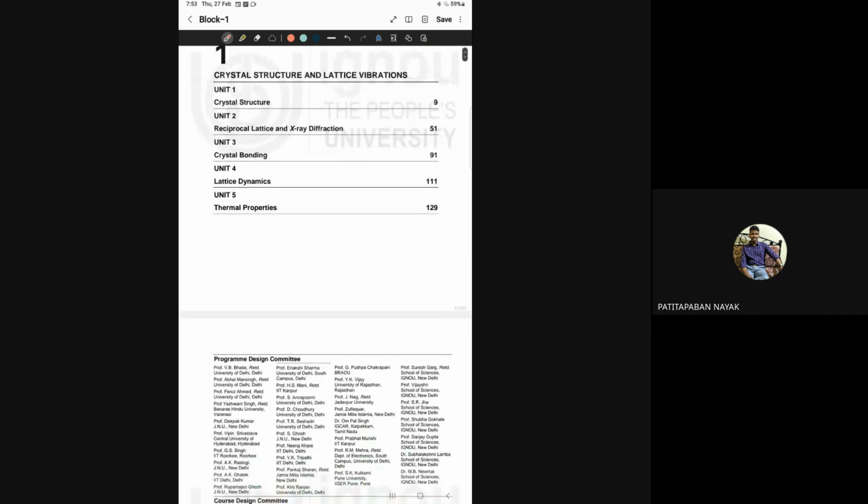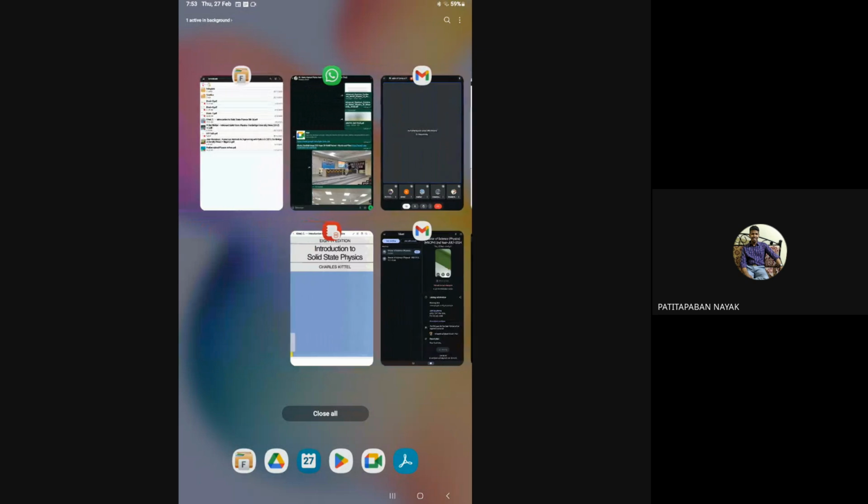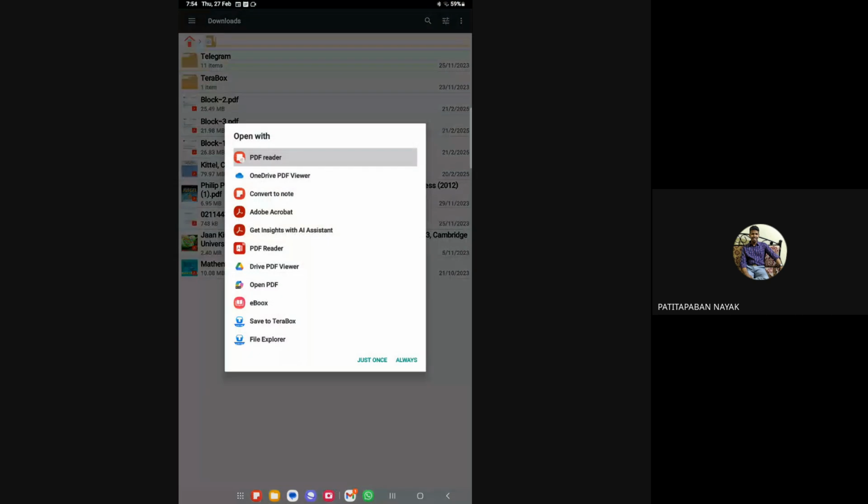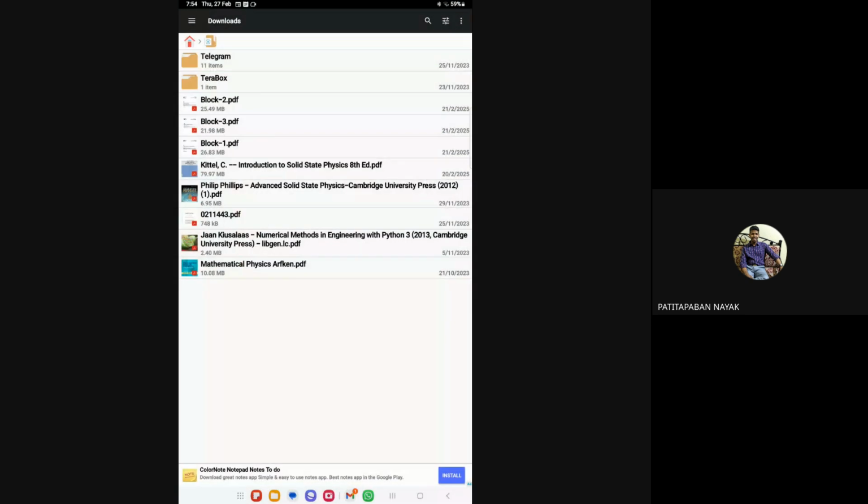Let me see what else is there. In block 3, you have dielectric properties, paramagnetism, diamagnetism, and magnetic order. These are again not based on a purely static picture; it's partly static and partly dynamic.